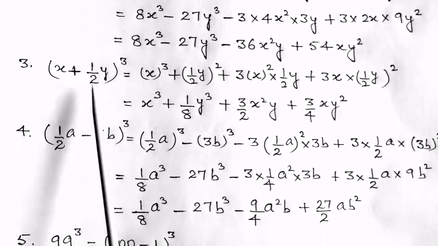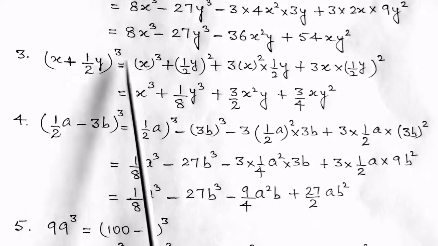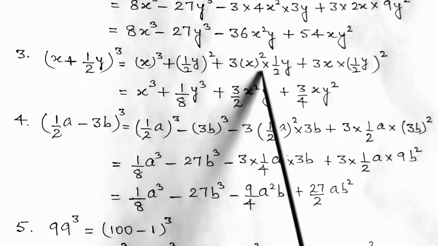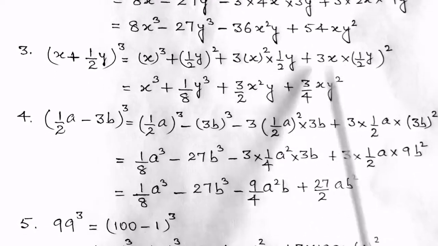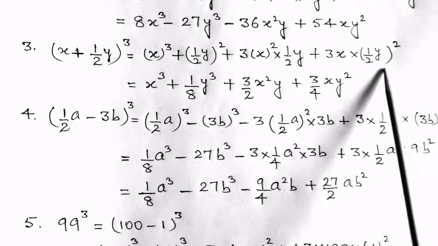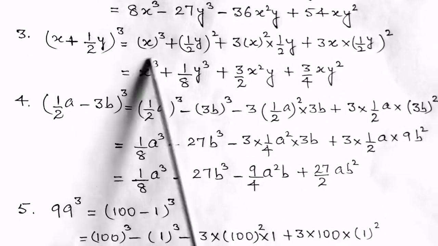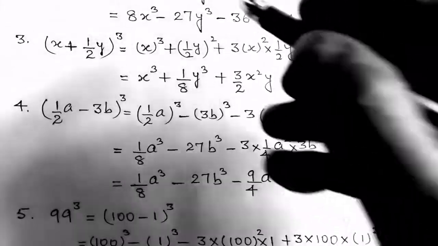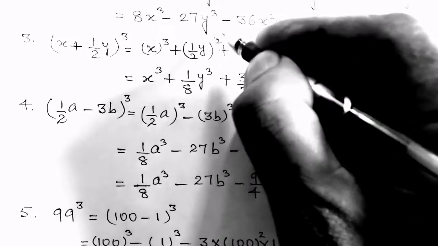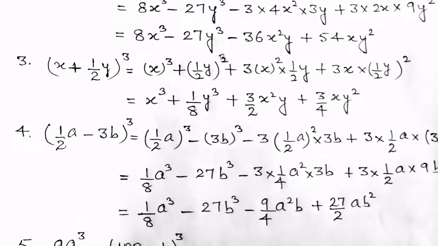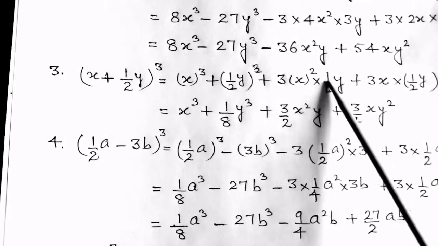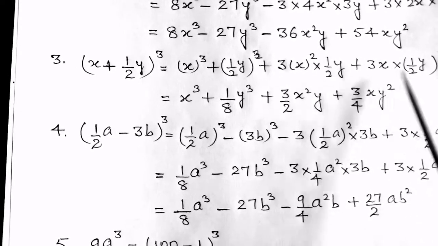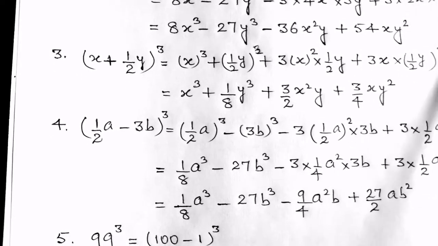Third is (x + 1/(2y)) whole cube. So again use the formula: cube of first plus cube of second plus 3 into square of first into second plus 3 into first into square of second, right? So cube of x plus cube of 1/(2y), plus 3 into square of the first into second, plus 3 into x into square of 1/(2y).